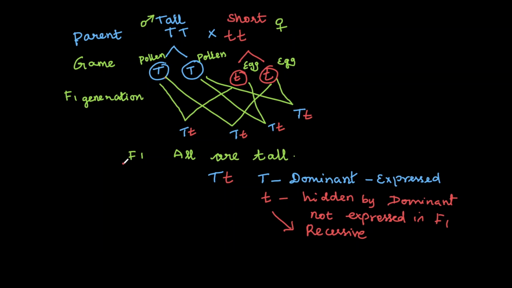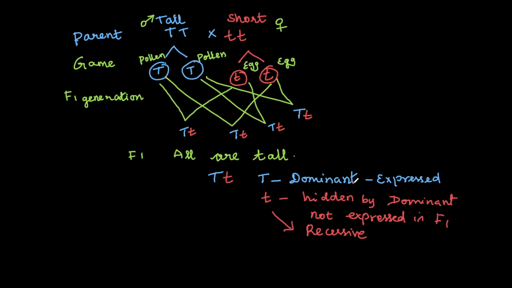Mendel, seeing this experiment, formulated a rule for inheritance. The first law is the law of dominance. The law of dominance states that when a pure tall plant and a pure short plant, parents in homozygous condition, are crossed, the F1 generation, the first filial generation, is all tall.